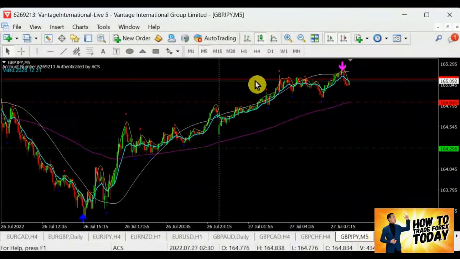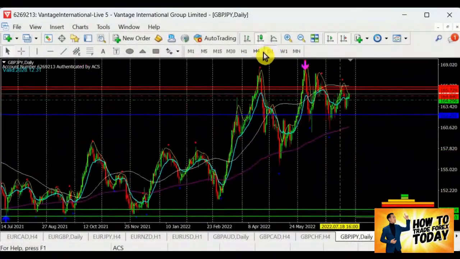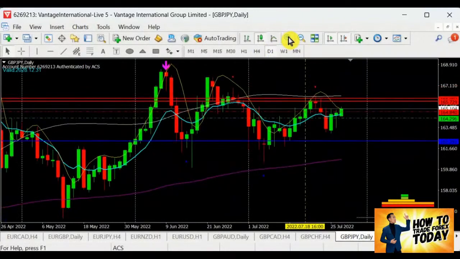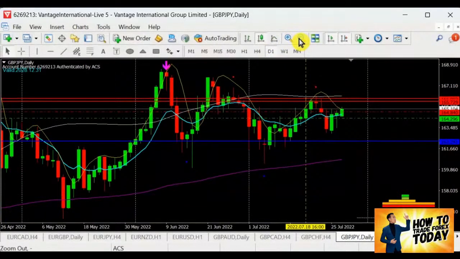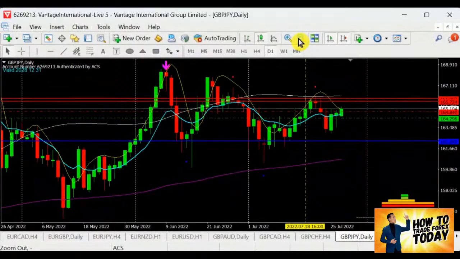Okay. All right. So pound yen. Today the pound looks like it's pretty strong against the dollar and the yen. It's all moving upwards, moving towards the bull.